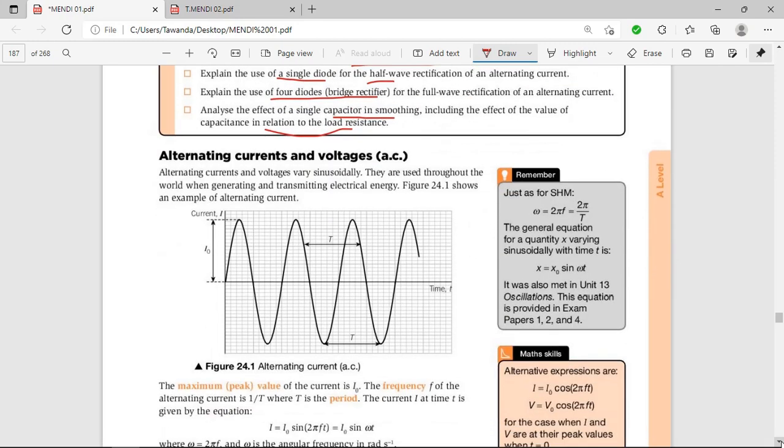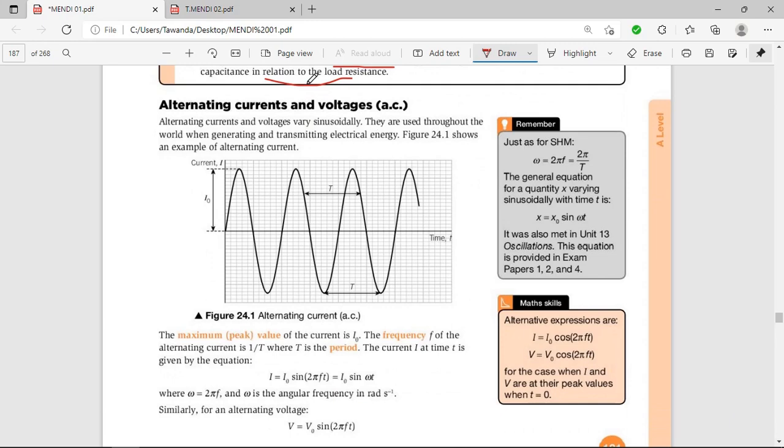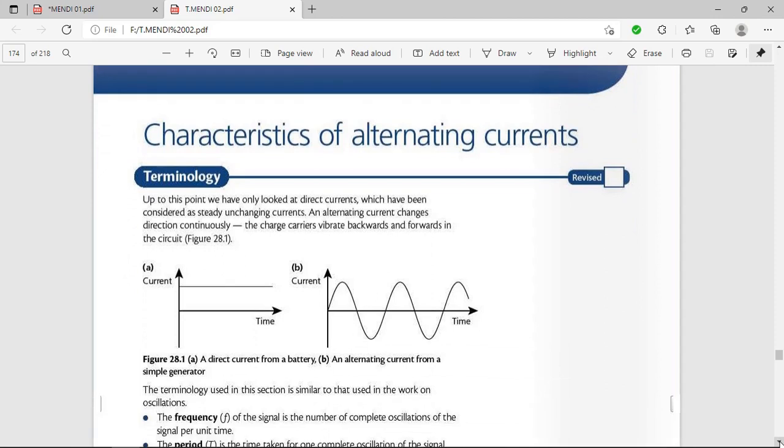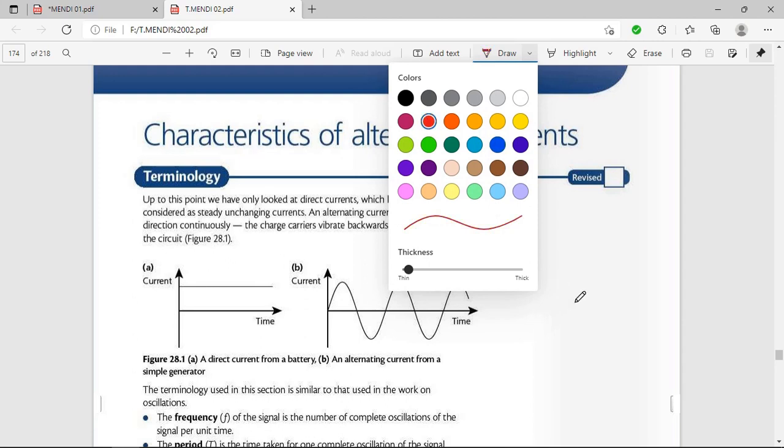You need to know the difference between alternating current and direct current. Here are the two graphs which really distinguish the difference between an alternating current and a direct current. As you can see from those two diagrams, an alternating current changes direction continuously. That is, it vibrates backwards and forwards.